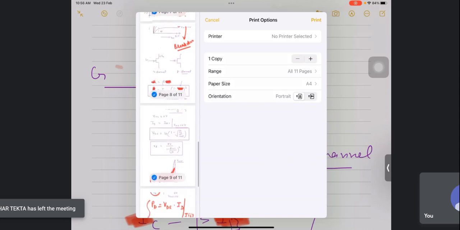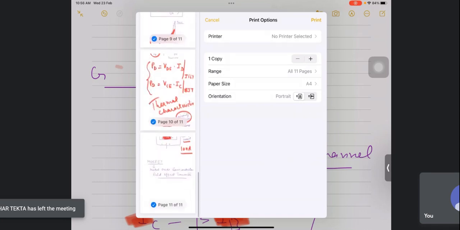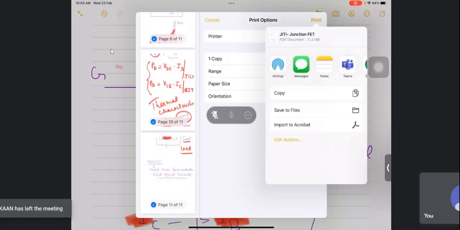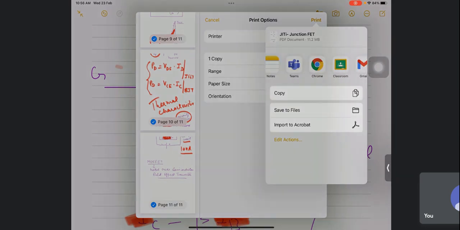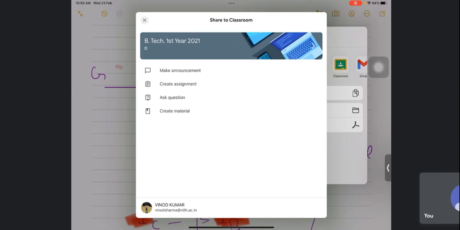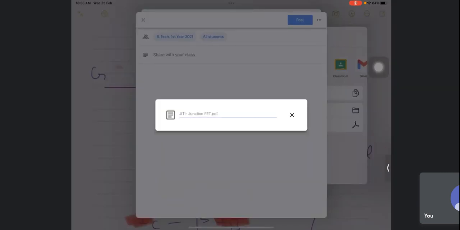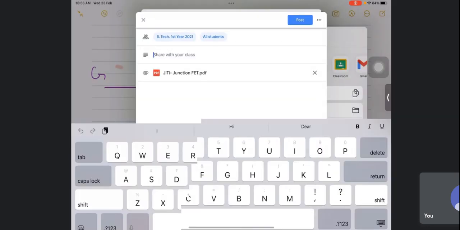So I hope you understand now how the FET, or this junction field effect transistor, is going into saturation.